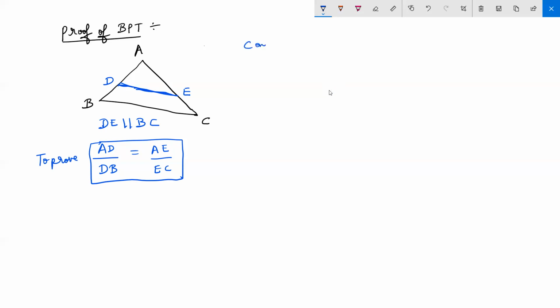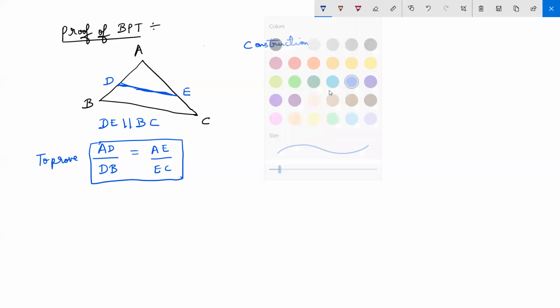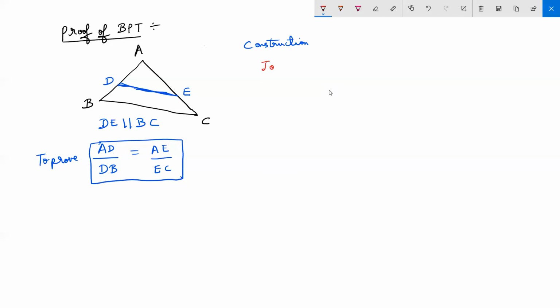So first, what is the construction that you have to do? You will join DC and BE. Now from E, you will draw a perpendicular on AB.